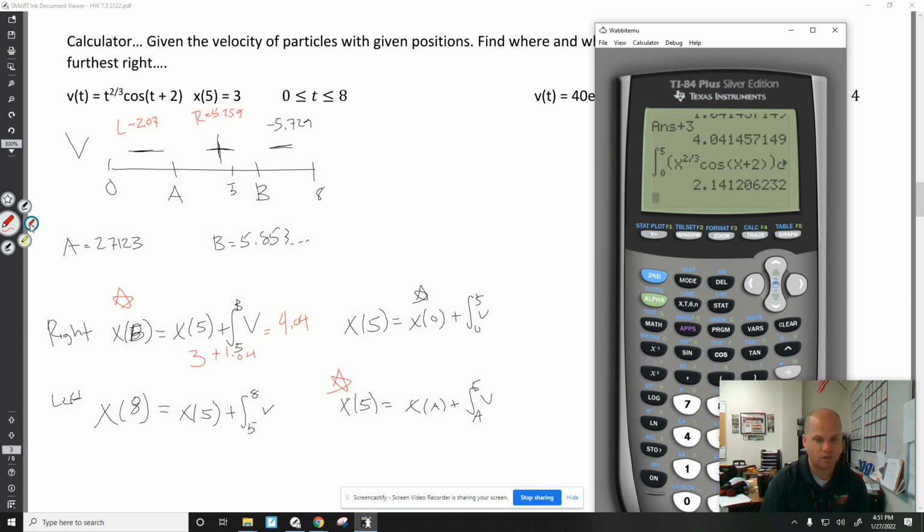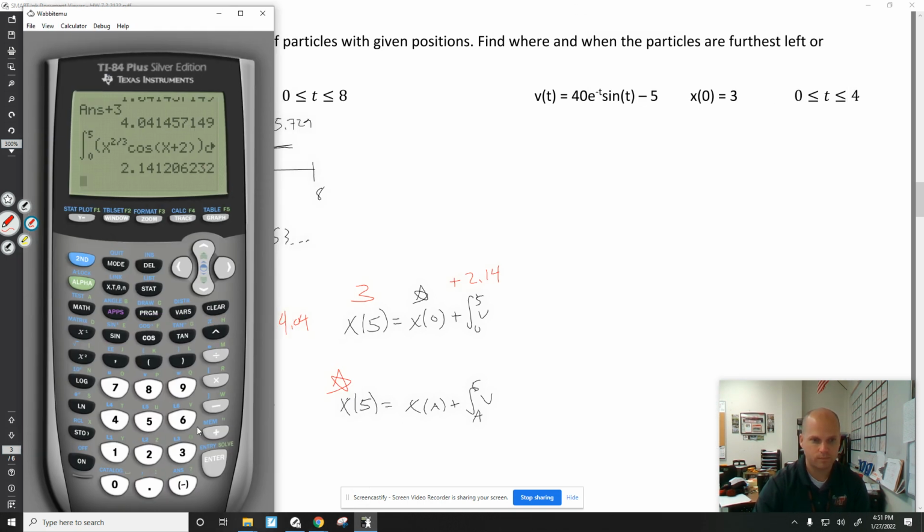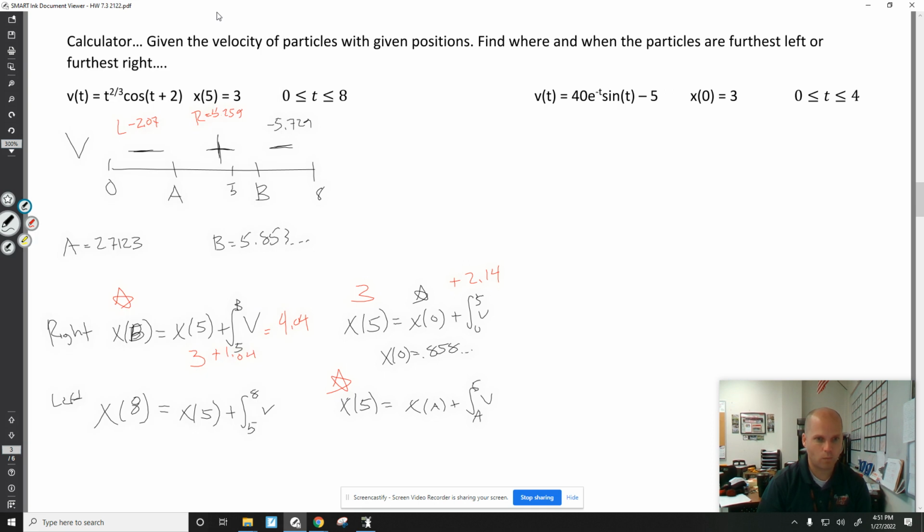It's doing a lot of velocity times time. Now this is 3, and this is 2.14, so I have to take 3 and subtract the 2.14. 0.858. That's x of 0. Okay, what wins? 4.04, obviously.